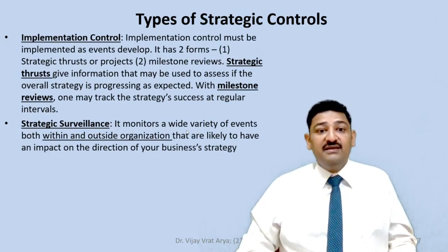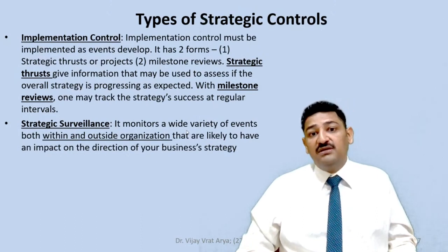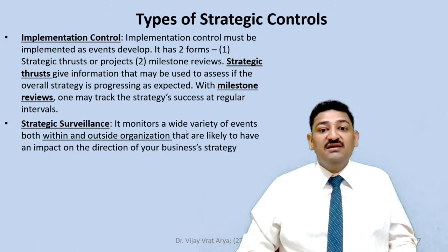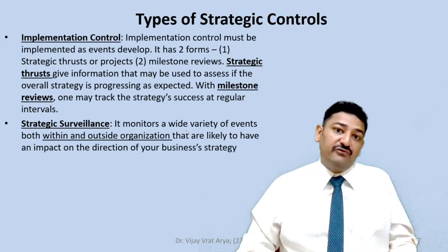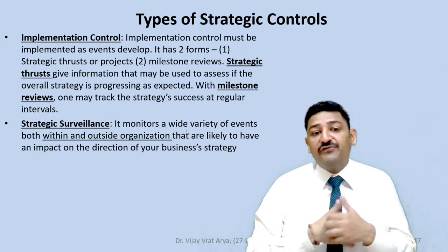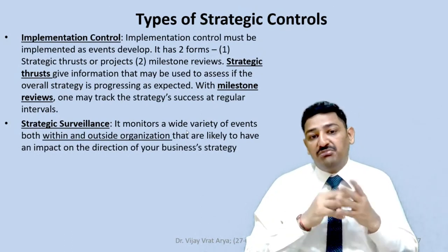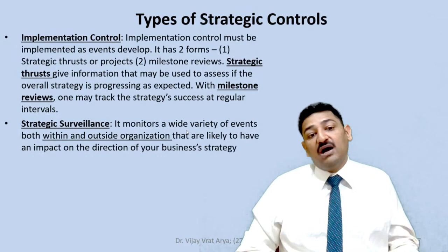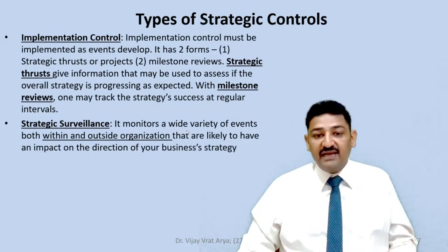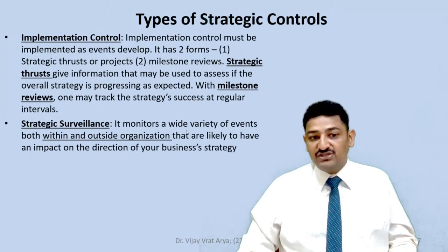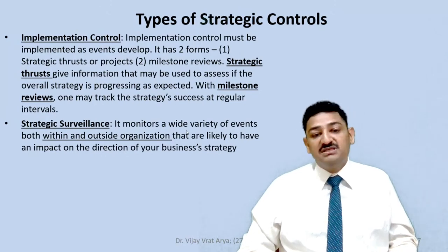On the other hand, with the milestone review, one may track the strategy's success at regular intervals. Now, the fourth type of strategic control is strategic surveillance. This control is more a kind of monitoring of a wide variety of events, both within as well as outside the organization, that are likely to have an impact on the direction of your business strategy.